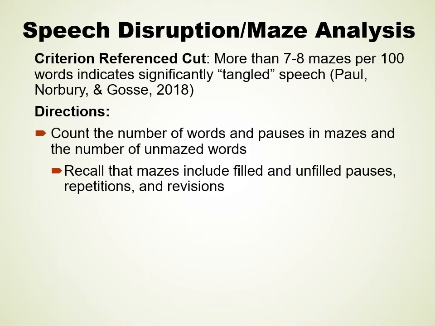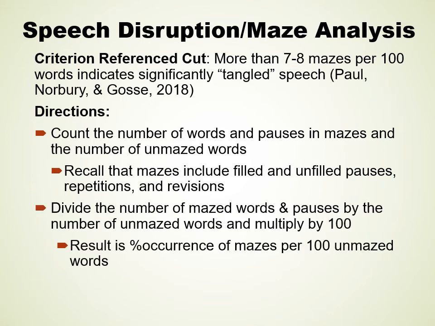First, you're going to count the number of words and pauses in mazes and the number of unmazed words. And just remember that mazes include both filled and unfilled pauses, repetitions, and revisions. And then you're going to divide the number of mazed words and pauses, that total number, by the number of unmazed words and multiply by 100. This gives you the percent occurrence of mazes per 100 unmazed words. And again, if you get a calculation that's more than 7 to 8 mazes, then you might be concerned about this student's skills.